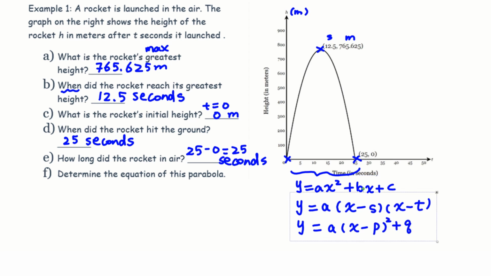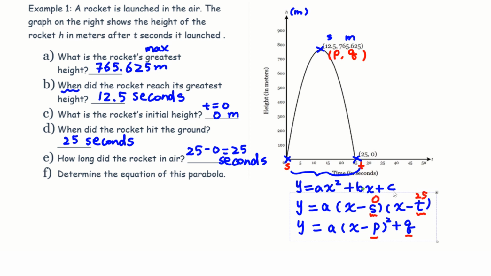In this graph, p, q is your vertex, so p equals 12.5 and q equals 765.625. In the factored form, s and t are the x-intercepts, so this is 25, this is 0.